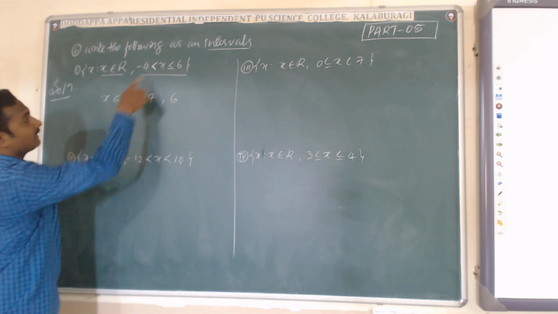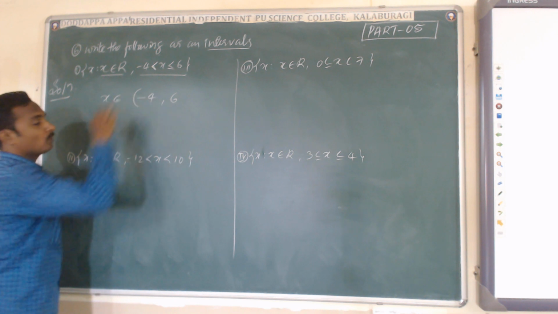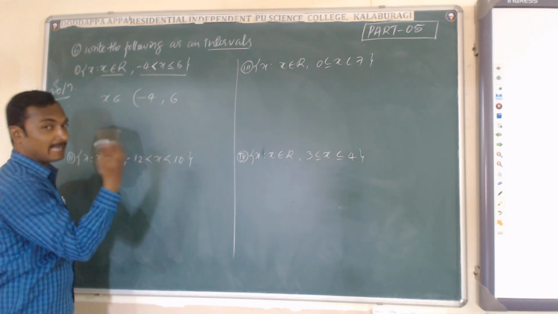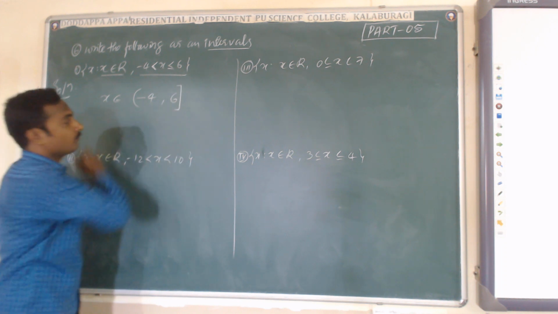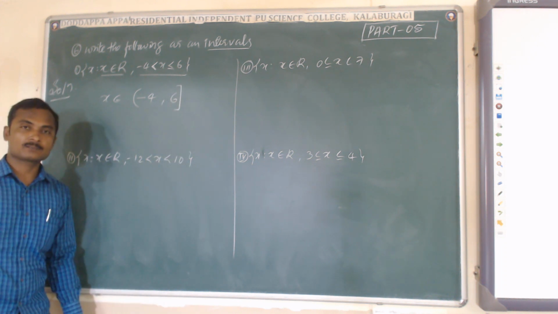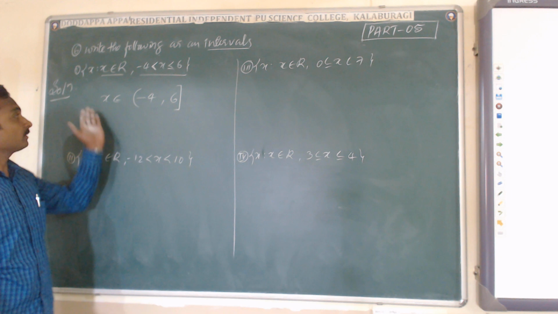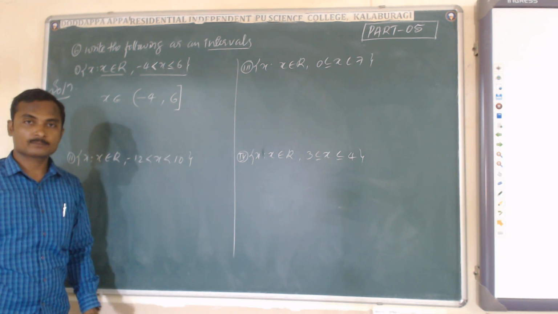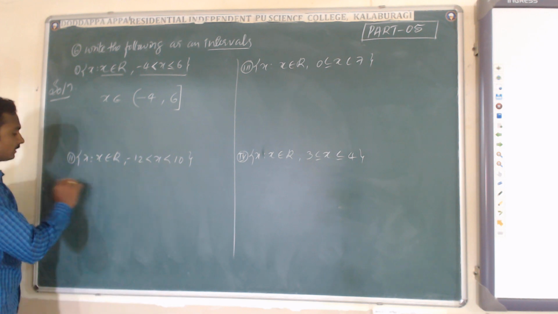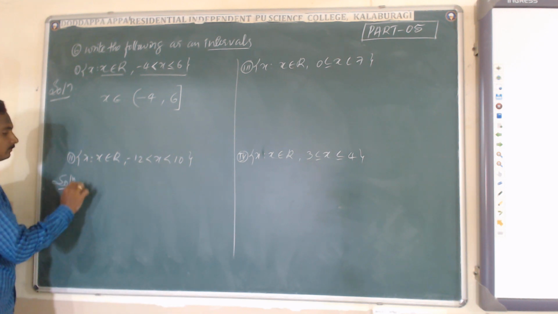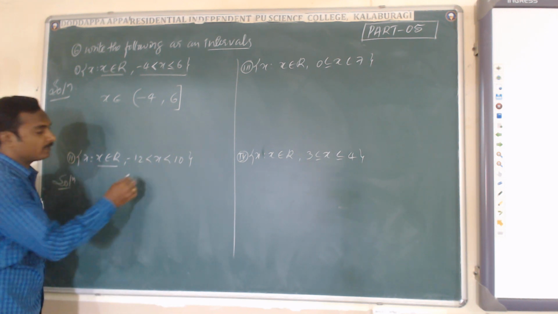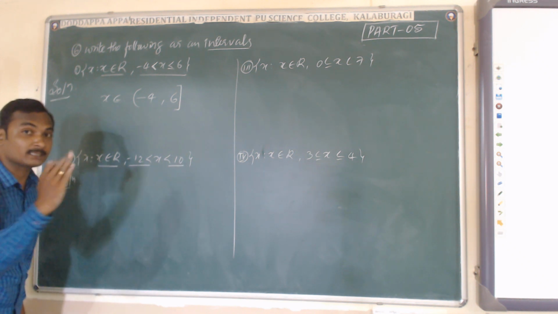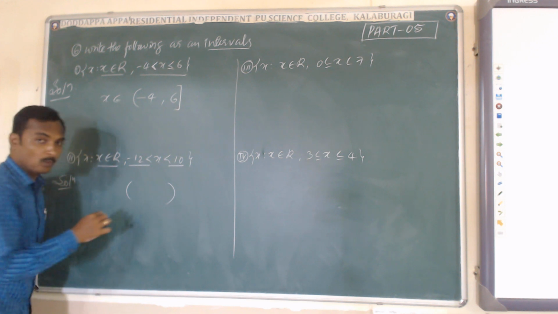Now, as x is excluded by the 4, open interval, and less than or equal to is a slack inequality, closed interval 6. That is, x belongs to the open interval minus 4 comma closed interval 6. Look at the second solution. Here, x is a real number, minus 12 is less than x is less than 10. It means both are strict inequalities, so both are open intervals.